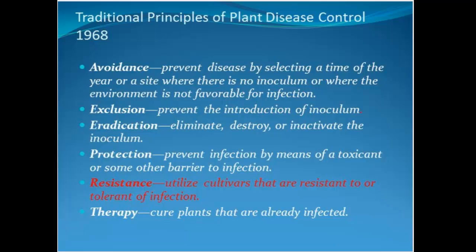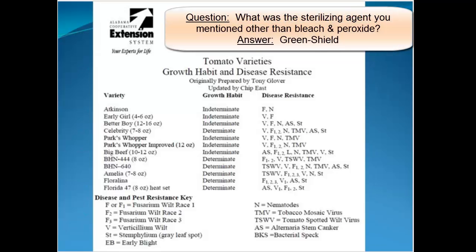And if it doesn't have good horticultural characteristics that you will be able to successfully market, then resistance may not be an option. So we would like to find varieties that both have a good resistance package and additionally offer good horticultural characteristics that fit well with the marketing regime we're going to be utilizing.